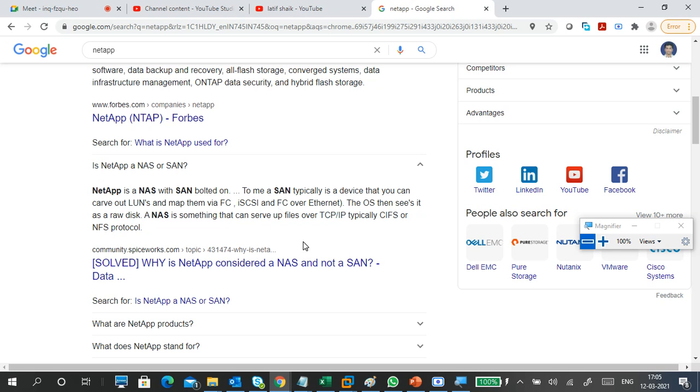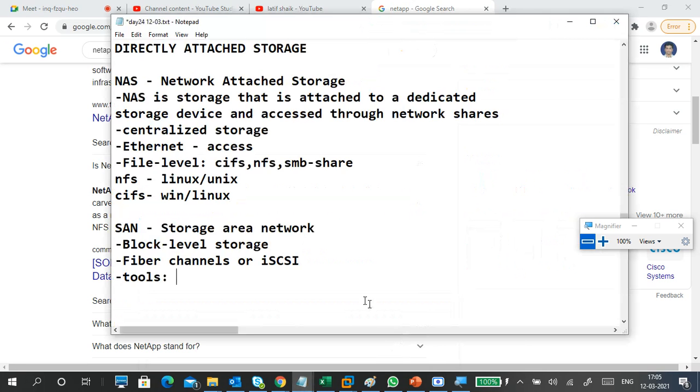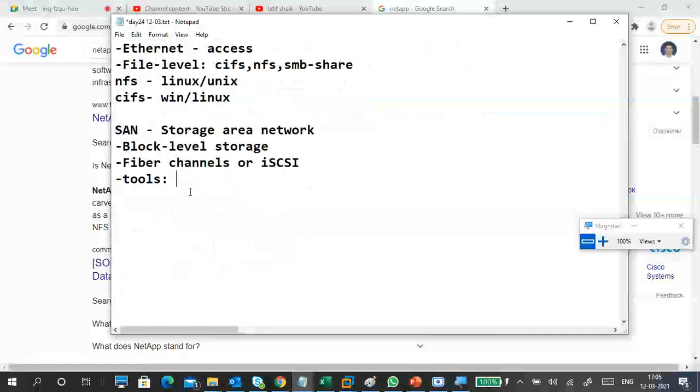You can use it to manage SAN and NAS, how to assign NAS and SAN. A lot of tools are there, but I am mentioning NetApp as one of them. Also FreeSAN, virtual SAN. There are many tools. It's a block level storage, it uses fiber optical channels, centralized storage, of course.